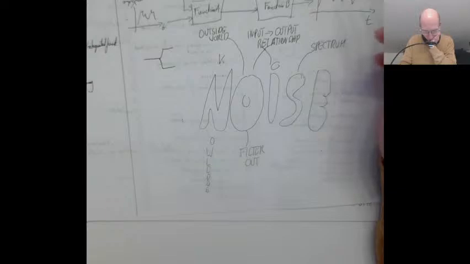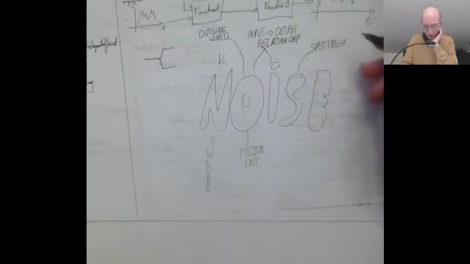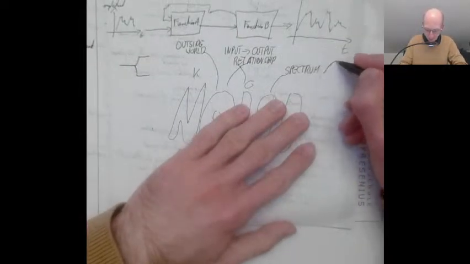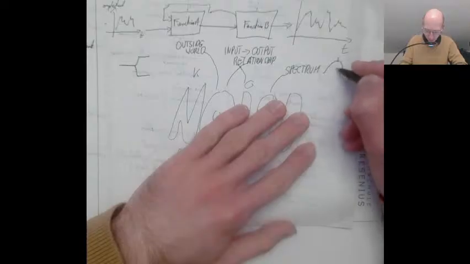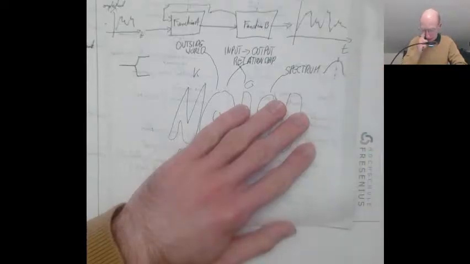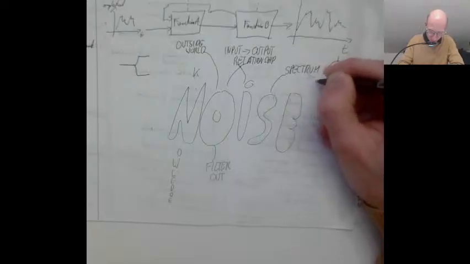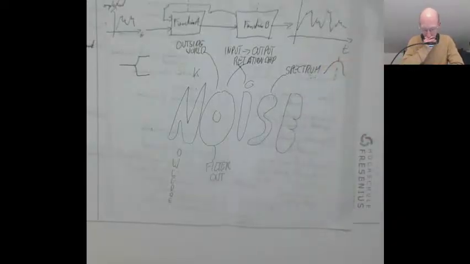Let's see. You have a spectrum. What does spectrum actually mean? Maybe if I draw some graphs here, it might help.